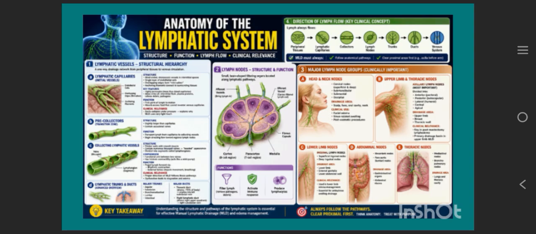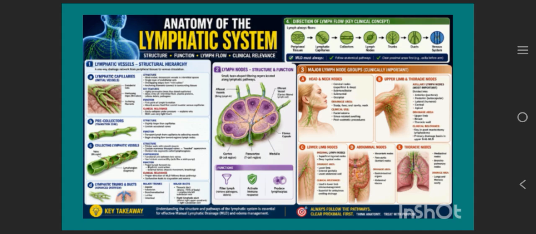The first channel is lymphatic capillaries, the initial vessels. The second channel is pre-collectors, and third we will discuss collecting lymphatic vessels.